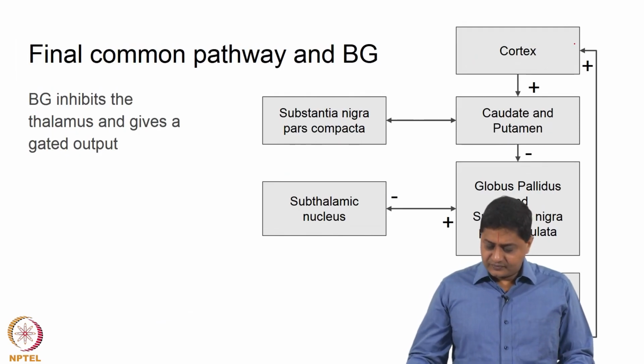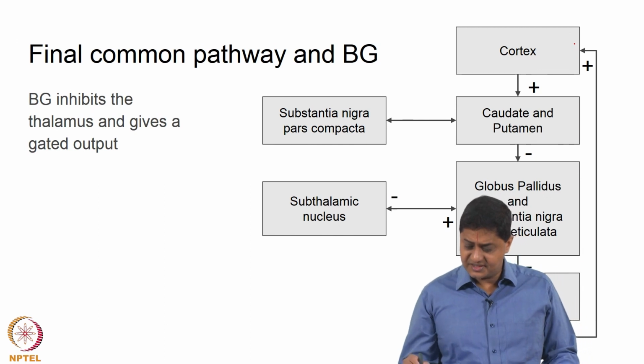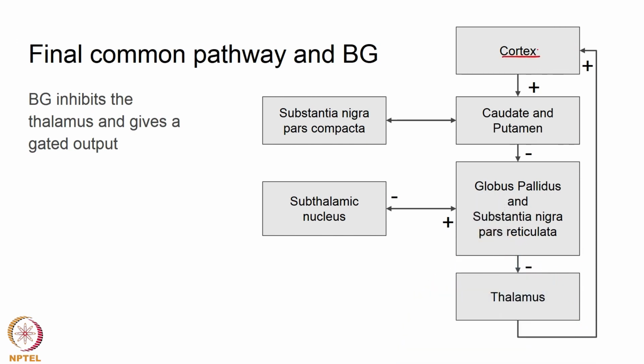So, what does the basal ganglia itself do? Once again, it receives inputs from the cerebral cortex, and these inputs are usually excitatory, plus, and it projects to the globus pallidus.